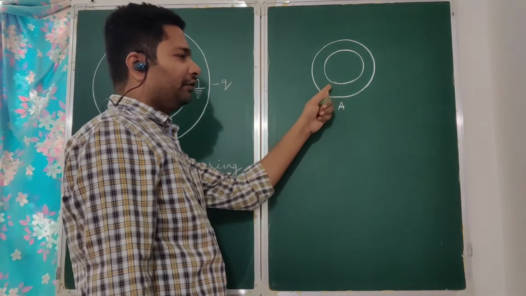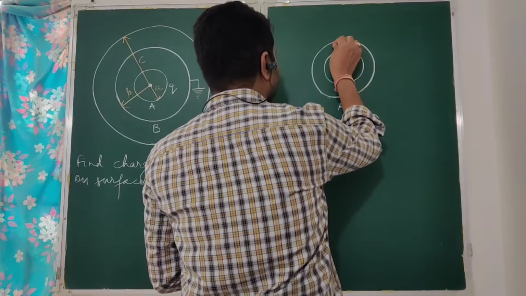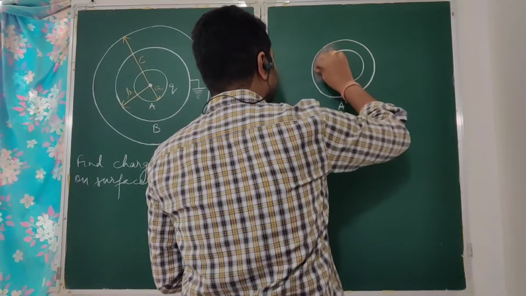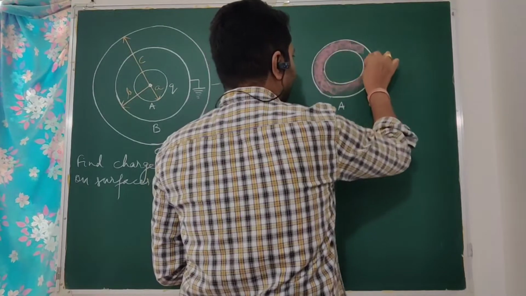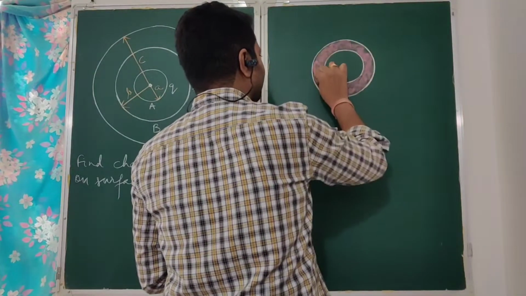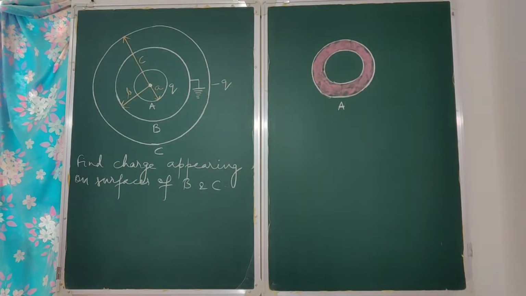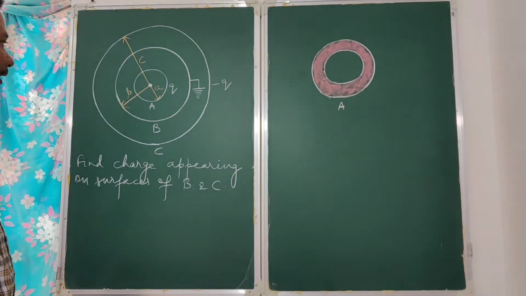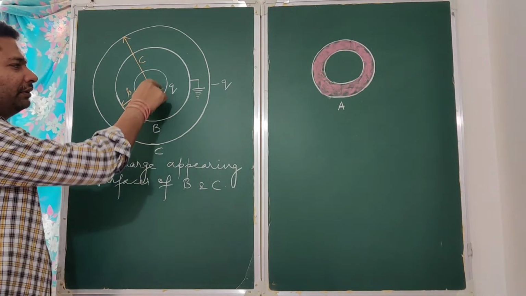For clarity I have drawn it like this, and you can see this whole thing is filled up with some conducting material, and the radius is given as A. The charge you are giving to it is Q.